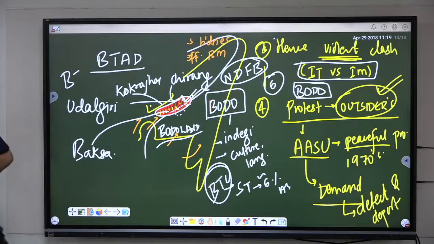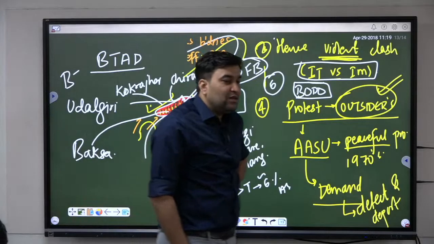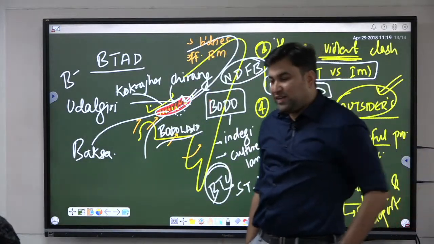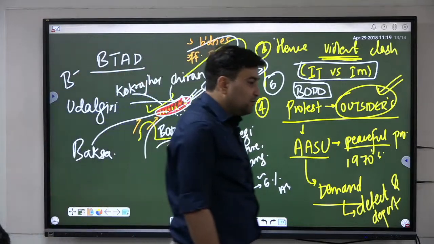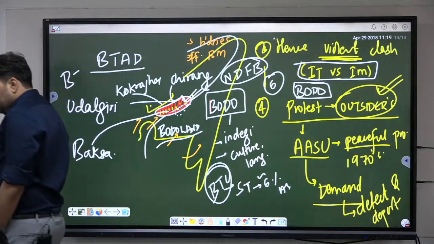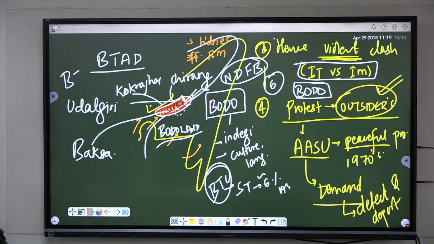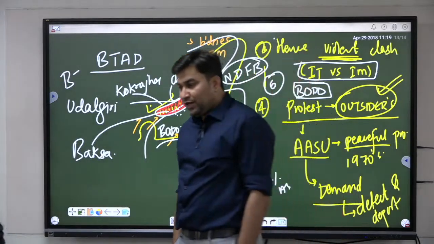Next point, it provides for more legislative, executive, administrative and financial power to BTC, that is Bodo Territorial Council.